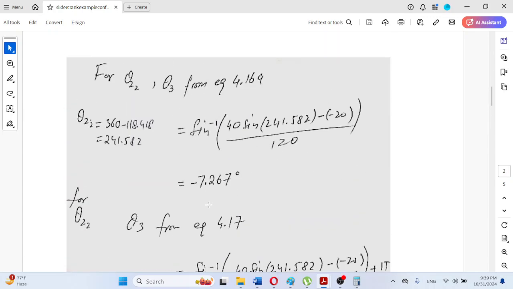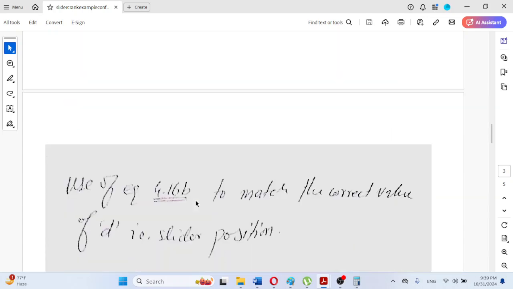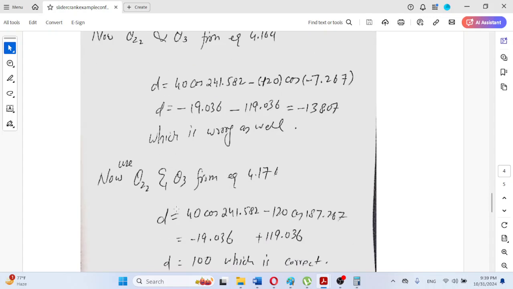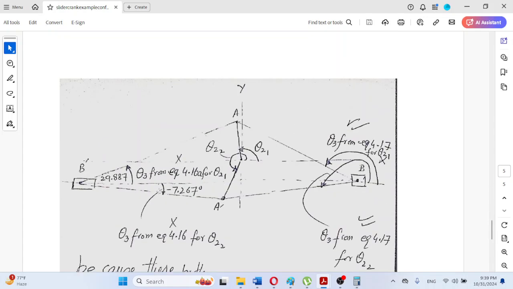And the other value shown here, this value, minus 7.267, which was calculated from equation 4.16, is in the clockwise orientation because of this negative sign, and that is shown here: this is the positive x-axis, and in the clockwise orientation this is minus 7.267.